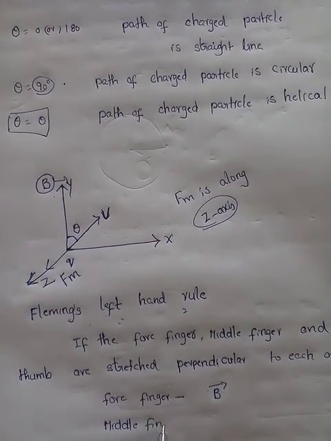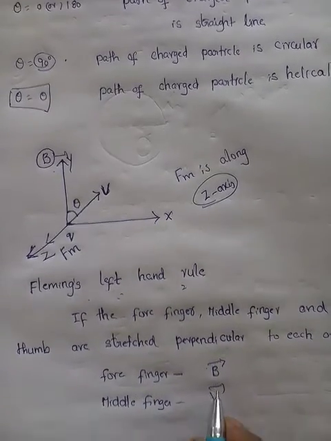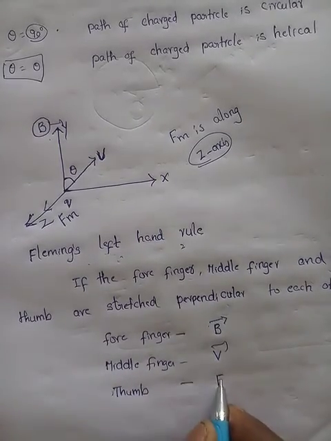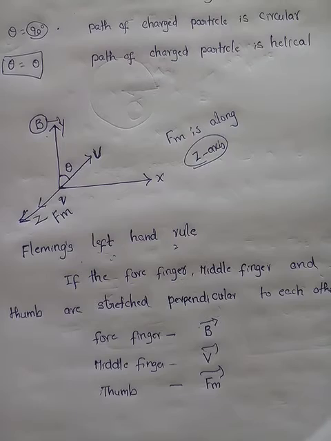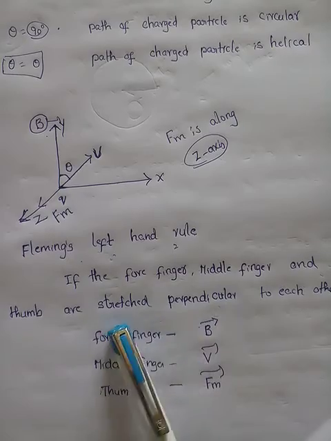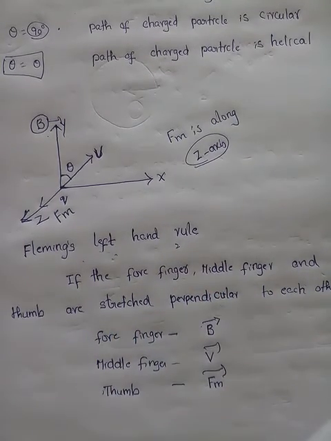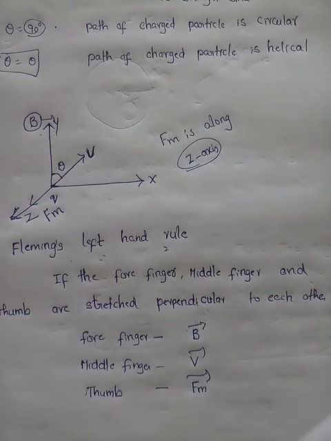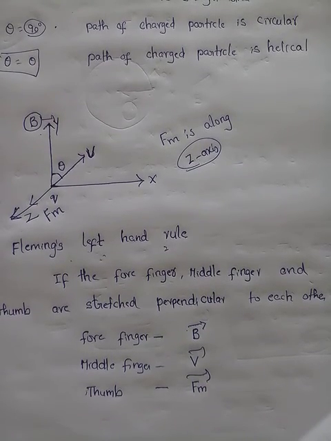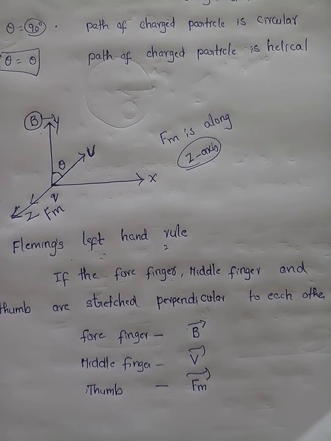The middle finger represents the velocity of the charged particle, then the thumb gives the direction of magnetic force. They will ask you to state Fleming's left hand rule. You have to explain: if the forefinger, middle finger and thumb are stretched mutually perpendicular to each other, and the forefinger represents magnetic field, the middle finger represents velocity, then the thumb points the direction of magnetic force. So this is about the motion of a charged particle in the presence of a magnetic field.